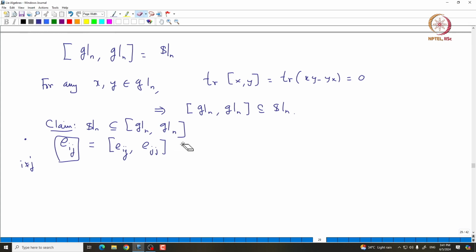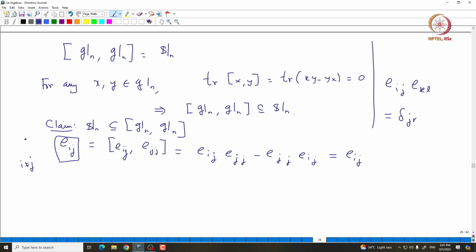So, this is exactly Eij Ejj minus Ejj Eij, which is exactly Eij. So, recall that Eij Ekl is going to be delta jk Eil. So, this is the product formula. Okay. So, in particular Eij can be written as the commutator of two elements. So, that is all we want.